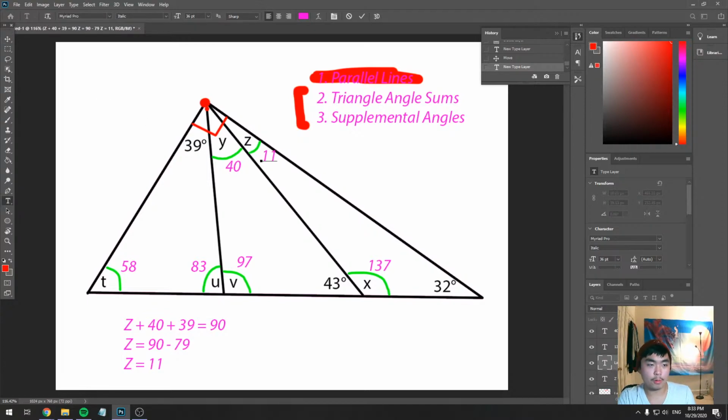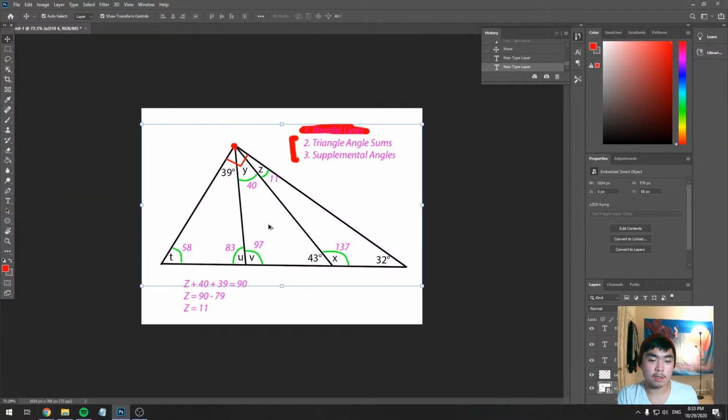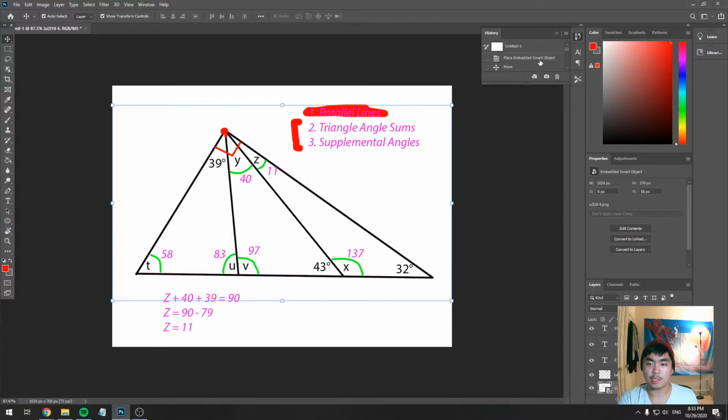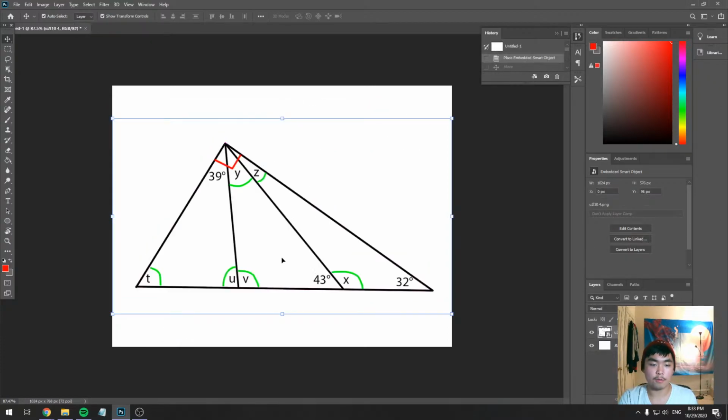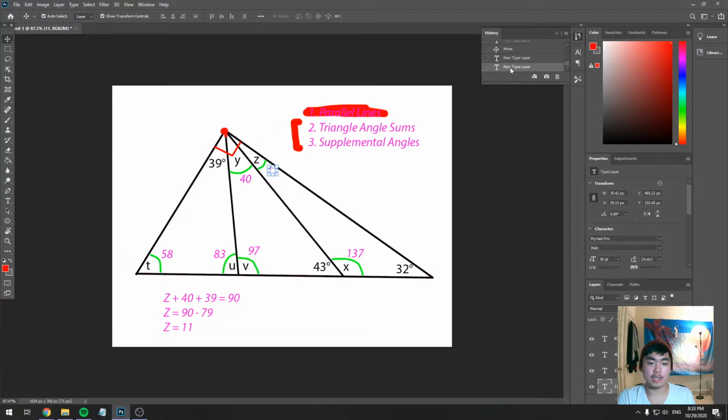So now we have solved for all of our angles here, right? Started from this, and we worked our way through each angle in order to get all of them solved. Alright? So that is the strategy.